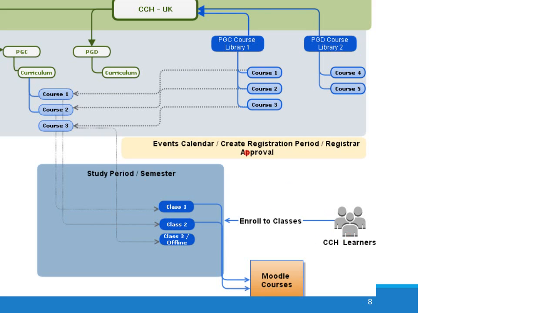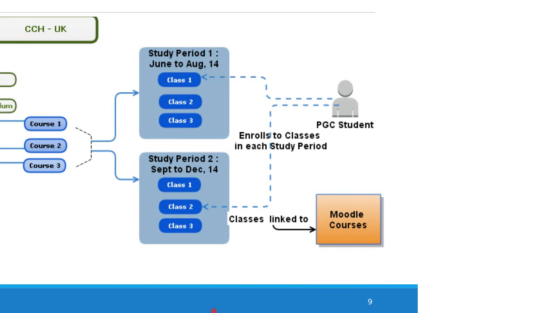Once they're accepted, each learner will be assigned to a particular curriculum. Once assigned, they're going to see these 3 classes in the first study period, or maybe they can enroll into only 1 class in their study period. And that's how they take the classes.